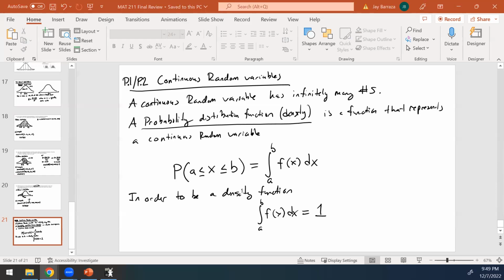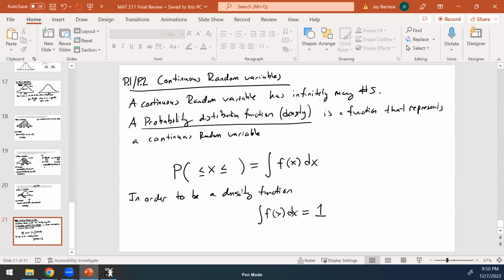Any questions? I want to make sure. So we focused on 3 specific ones: uniform, exponential, and normal distribution. We're not going to focus on the integration part of the normal distribution because it's just too complicated. So we're really only going to focus on uniform and exponential.